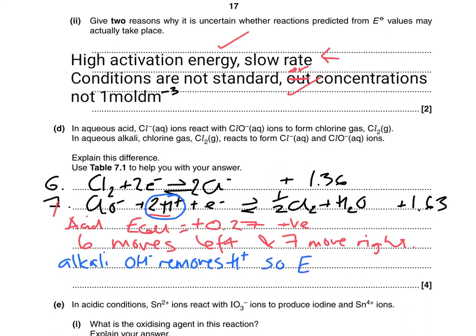So that would mean that the electrode potential of 7 would be less positive.